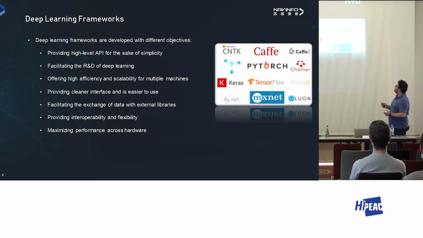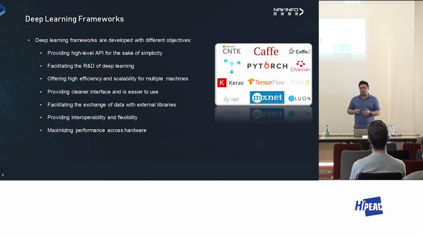We have CNTK from Microsoft, we have Caffe before, and now we have Caffe 2, we have PyTorch, we have TensorFlow from Google, we have Keras, which is also based on TensorFlow, we have Theano and some other things. But mostly, for instance, people are using Keras, PyTorch, TensorFlow, which are the most used nowadays.